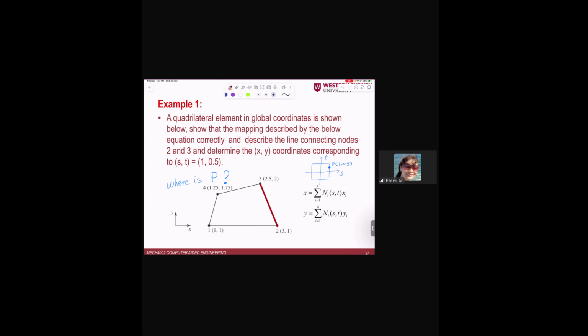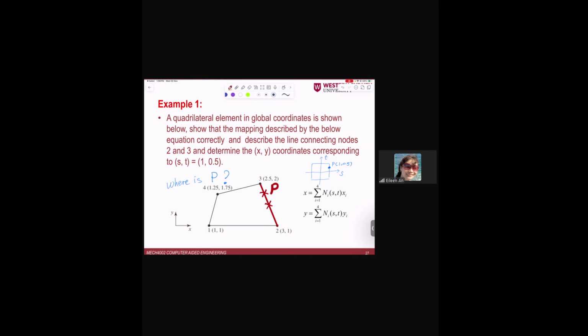Okay, then which point is that? For example, is P located at the center of the edge? No, right? Because look, P is located at the quarter place of the right edge, right? So similarly, it would be here.